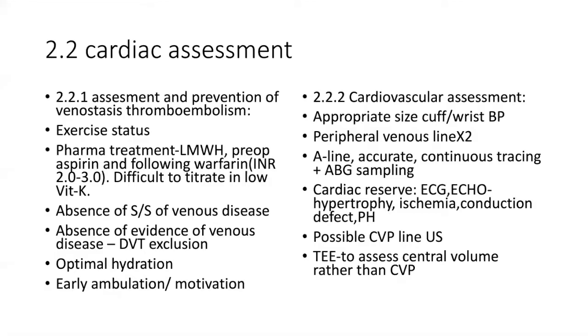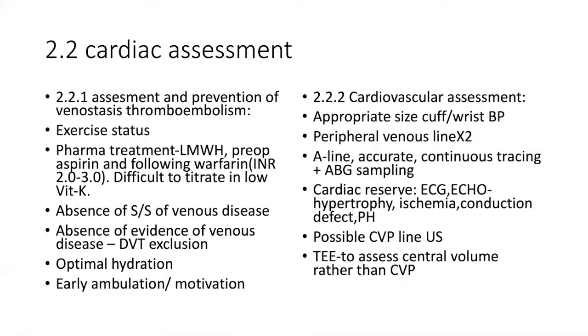We have to check for the signs and symptoms of venous disease and absence of evidence of venous disease by DVT exclusion by sonological study. Patient should be in optimal hydration condition. Early ambulation and motivation we have discussed before already.